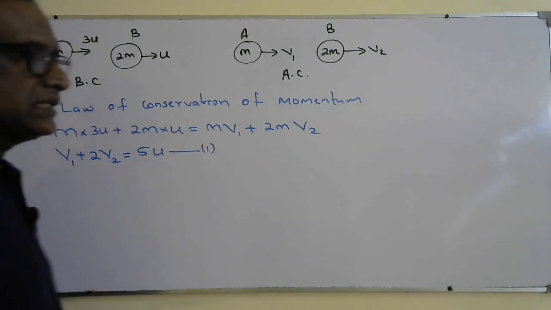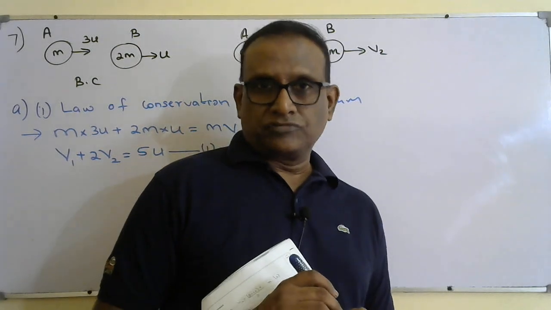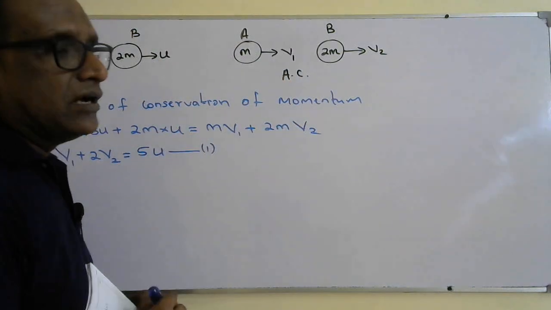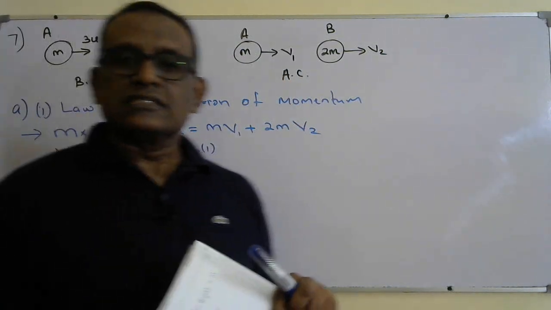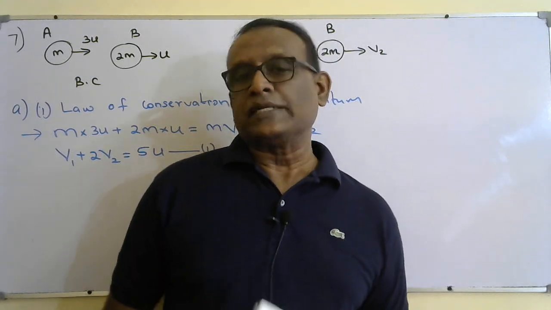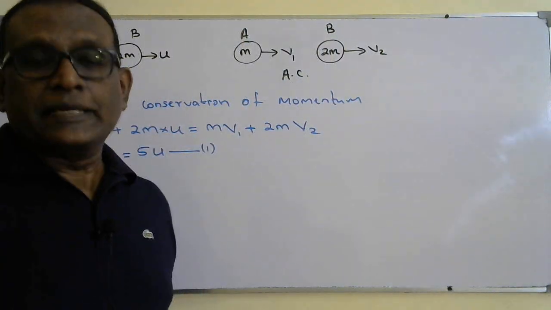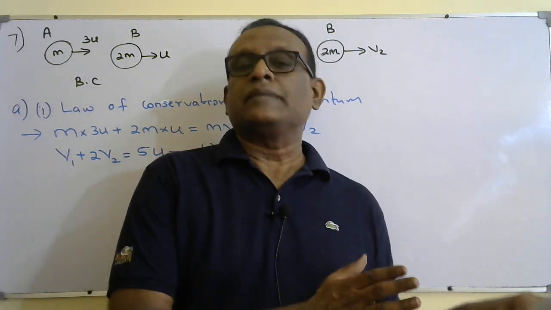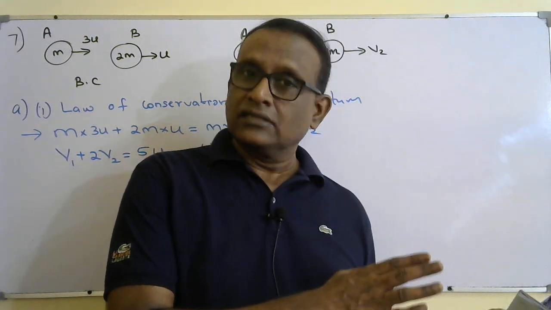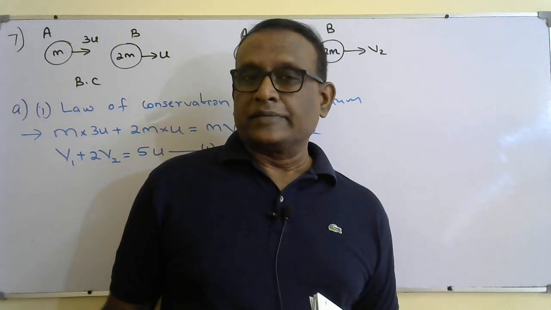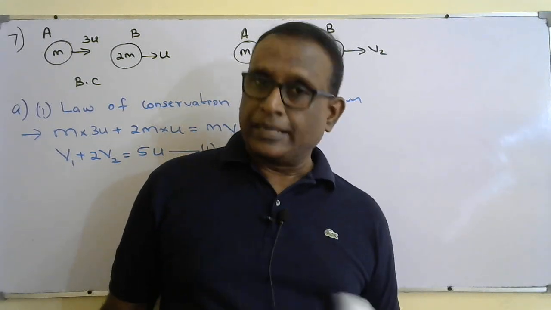Now we are going to use the experimental results for impact. Speed of separation, that is relative speed of separation, is equal to e times relative speed of approach. Speed of separation means relative speed of separation after collision. Always speed of separation happens after collision. Speed of approach happens before collision.